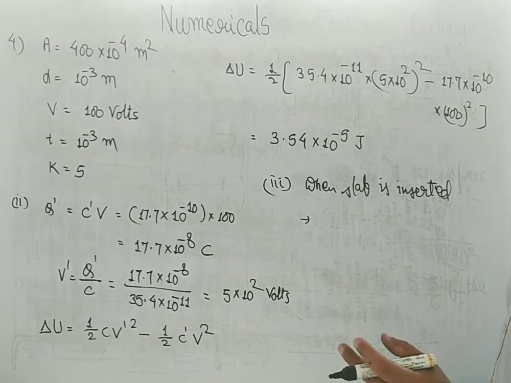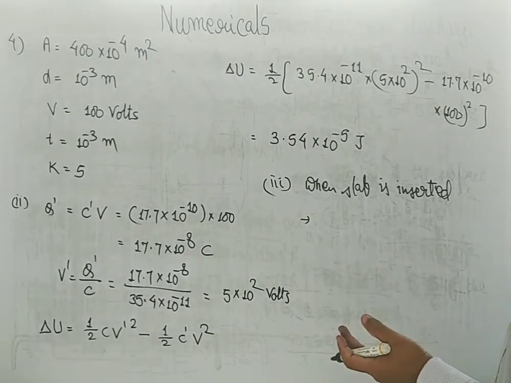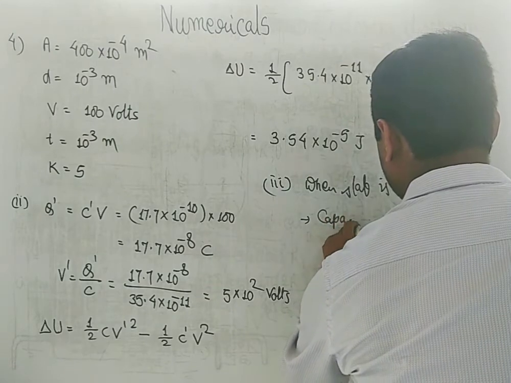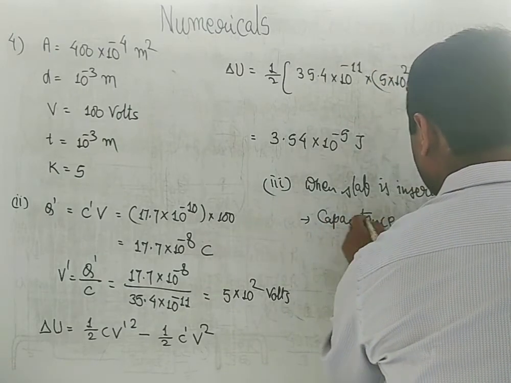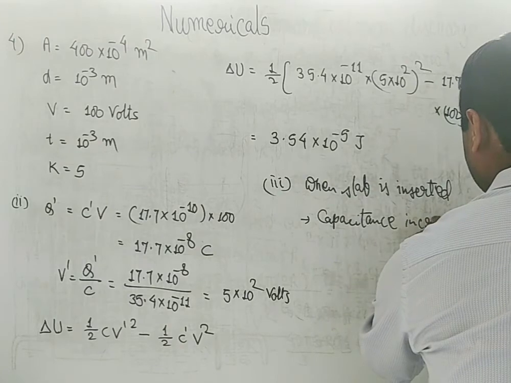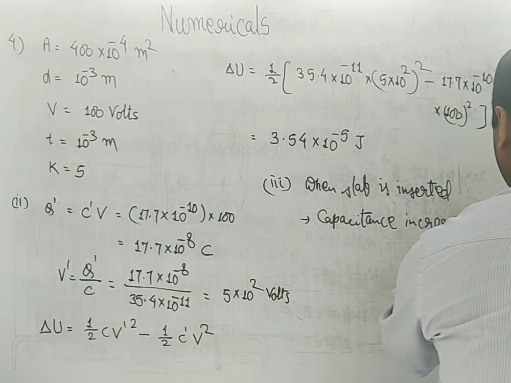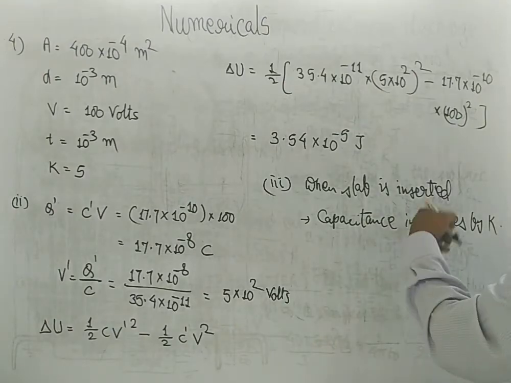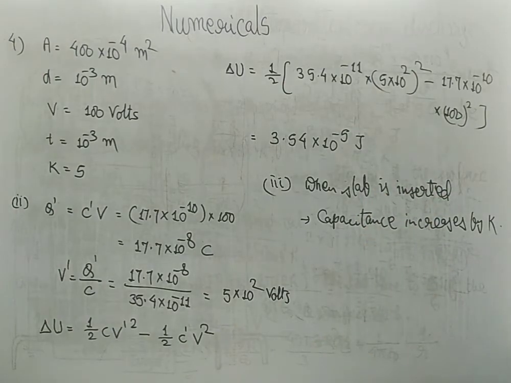Just due to the increase in capacity, the electrostatic energy increases. So capacitance increases by K, and with this we can justify the increase in energy.